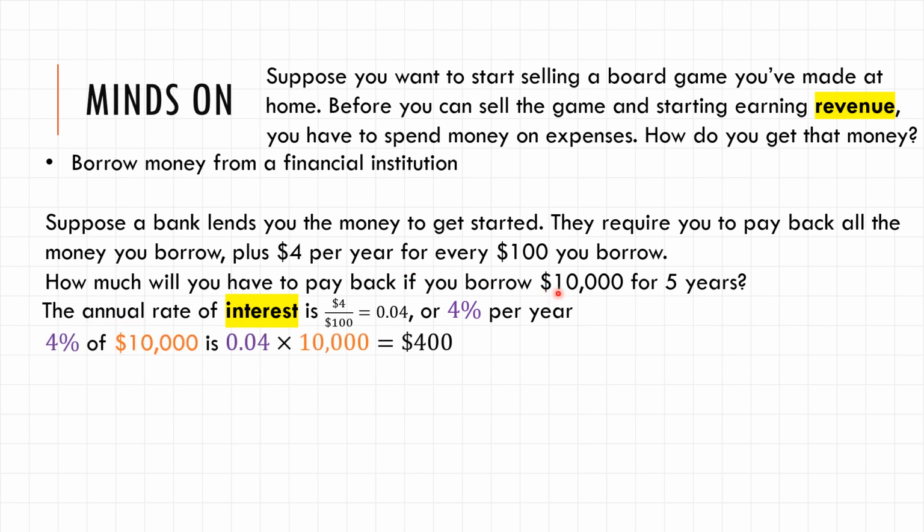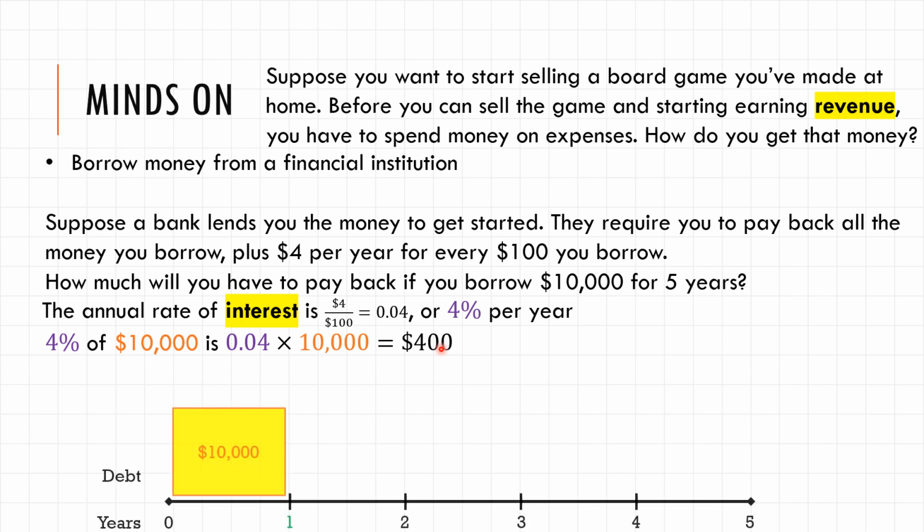Well, if we're borrowing $10,000, 4% of $10,000, let's convert that to math. 4% as a decimal is 0.04. We just divide by 100. Of means we need to multiply, and 10,000 is just 10,000. So 0.04 times 10,000 would give us 400.